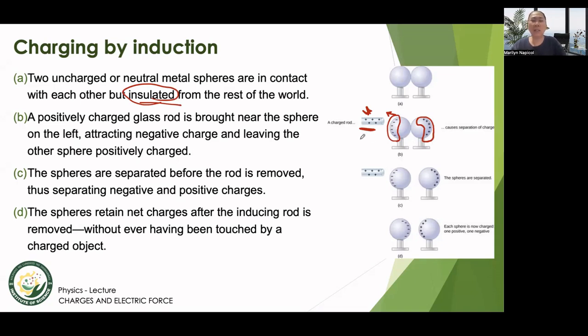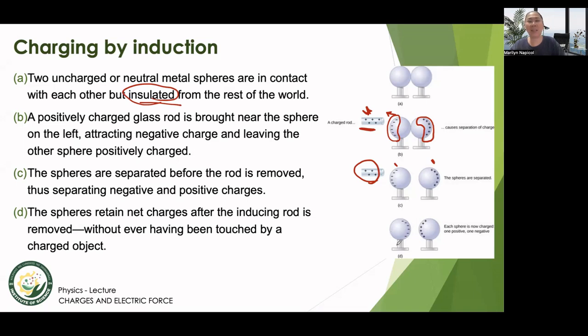So, ang nangyari ngayon, kahit alisin mo na itong ating positively charged rod, ang mangyayari is that magiging negatively charged na itong sphere na to sa left side. And then positively charged na yung sphere doon sa right side. The moment na paghiwalayin mo na sila, okay, they retain their charges.